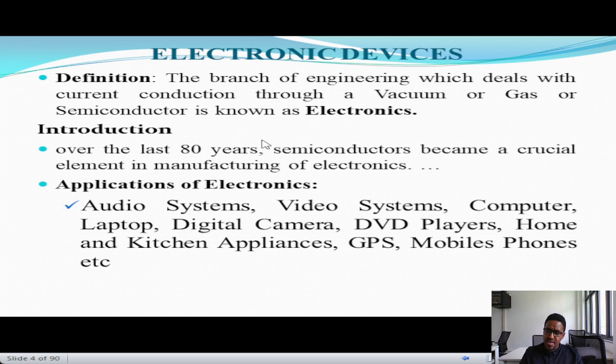Since the invention of the transistor, the world of electronics has seen a radical change in terms of research, development, and manufacturing, bringing out new devices and technology. So electronics is all about handling information.